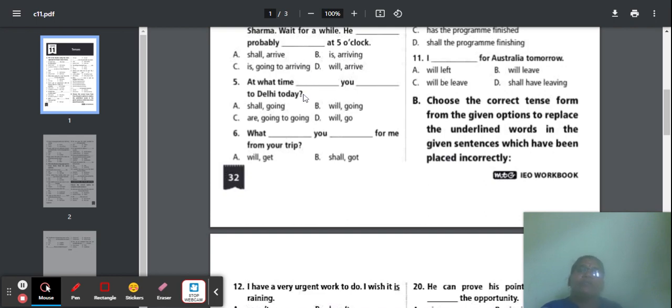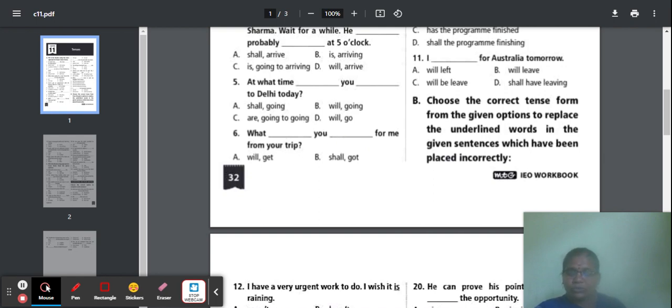Next, question number 5. At what time dash you dash to Delhi today? At what time will you go to Delhi today? Option D is the correct answer. Okay, dear, very good. Next, question number 6. What dash you dash for me from your trip?